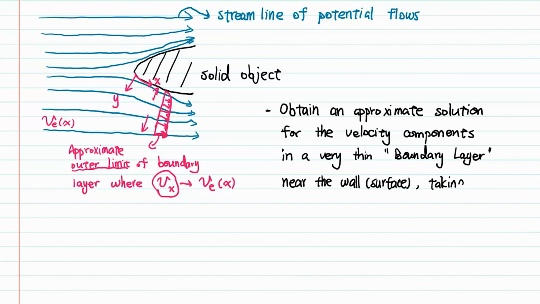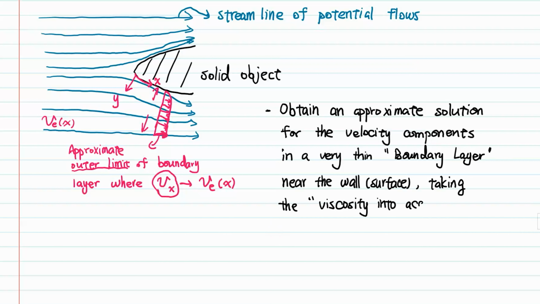This is also something I want to emphasize, that we are taking the viscosity into account, because in the potential flow regions, viscosity does not play any role there. Why is that?